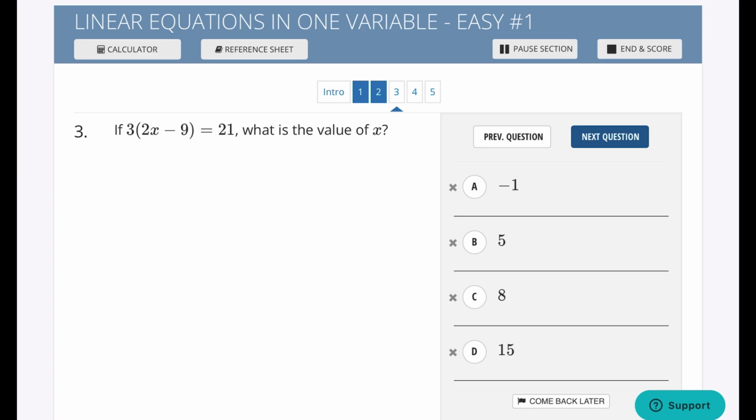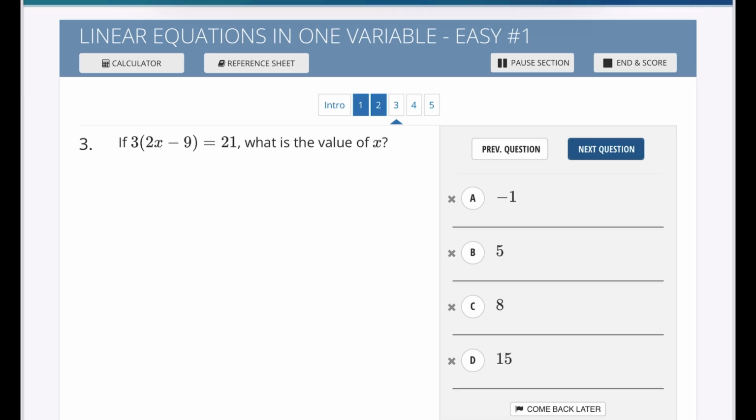On to question 3. Here, our question is, if 3 multiplied by 2x minus 9 equals 21, what is the value of x? In this problem, there is a trick that I've seen people fall for multiple times, and it is very time consuming for no reason.